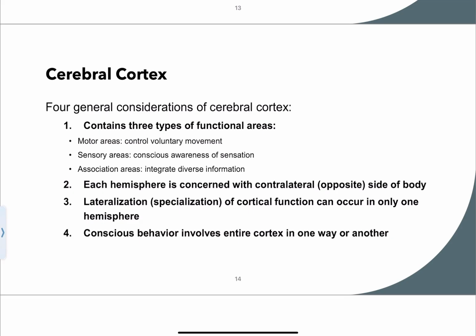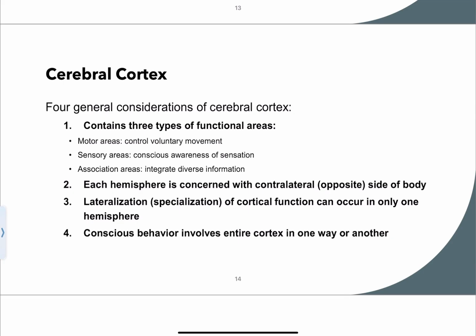Another thing, each of the hemispheres is concerned with the contralateral or opposite side of the body. If we're talking about our right cerebral hemisphere, that typically controls the left side of our body, and our left cerebral hemisphere will control the right side of our body. So that's contralateral.